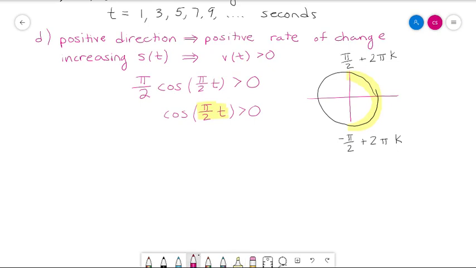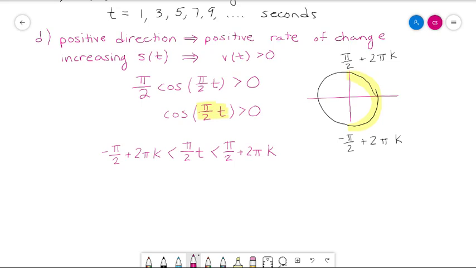So it's going to be looking like this. So negative pi over 2 plus 2 pi k is going to be less than the argument of our cosine function, and it's going to range all the way to pi over 2 plus 2 pi k, like that. And then we're going to want to solve it. This is a 3-part inequality, and we're going to want to solve it for t.